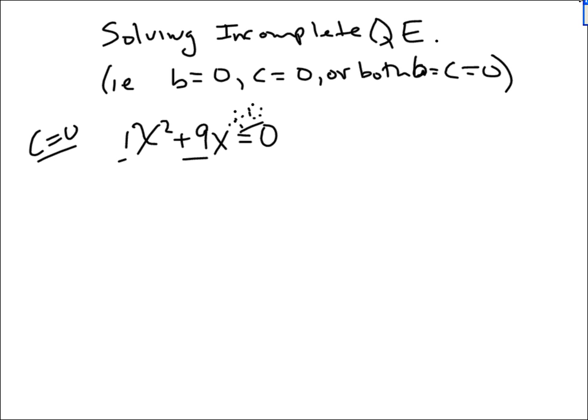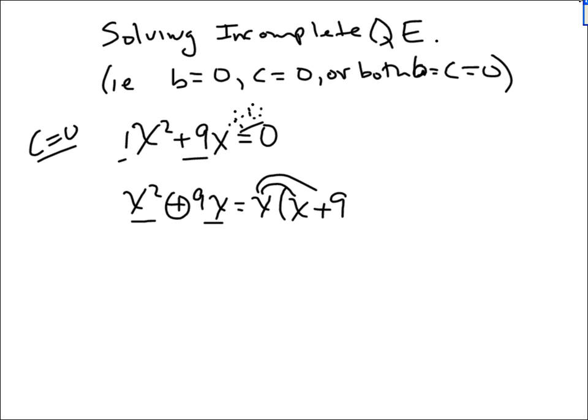Now there are two ways of handling a problem like this. One way is to factor out the x. X times x is x squared plus x times 9 is 9x. And this is 0. So either that factor is 0 or that factor is 0.